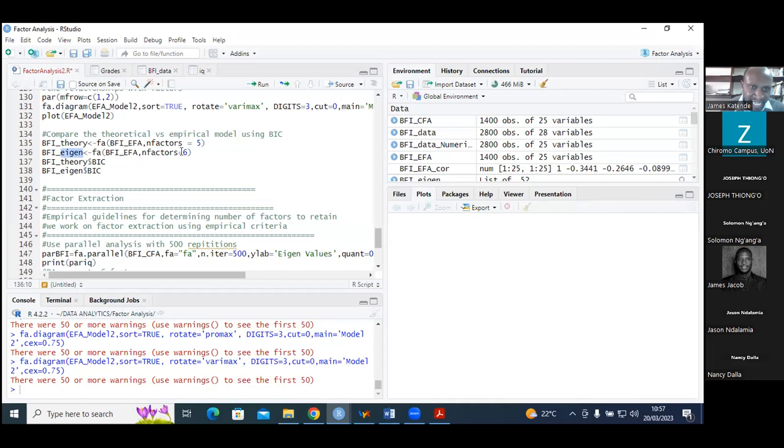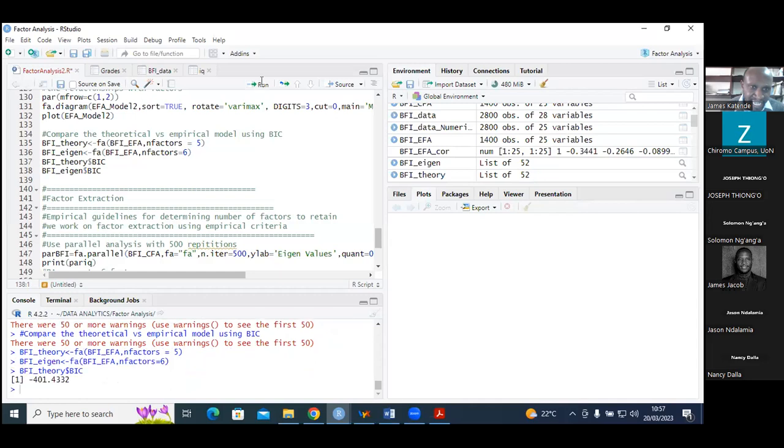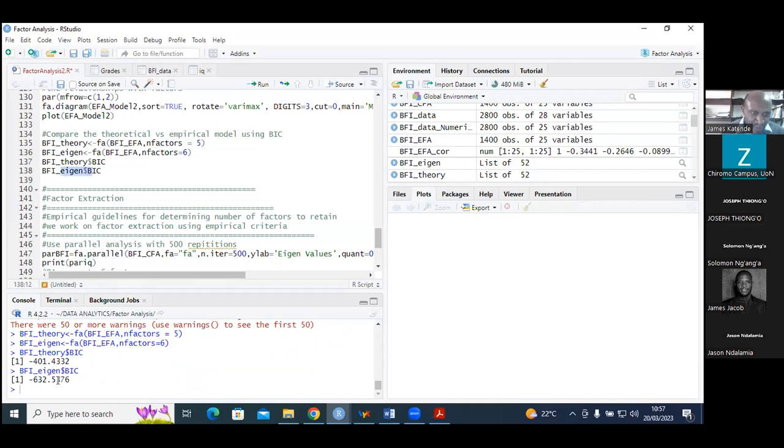So if we run this too, then we can extract the BIC values for both, and the one for eigenvalues has a much lower BIC, and therefore, according to the theory now, it should be better.